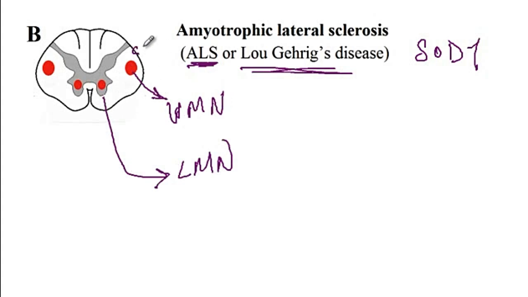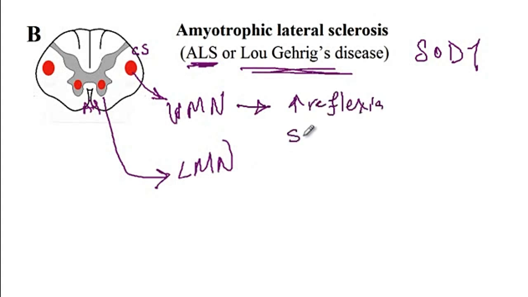So here we have the corticospinal tract, while here we have the anterior horn that gives rise to the lower motor neuron. And so symptoms of lower motor neuron, as we just discussed earlier, include, for instance, the fasciculations as well as flaccid paralysis, while symptoms of the upper motor neuron include the hyperreflexia as well as spastic paralysis.